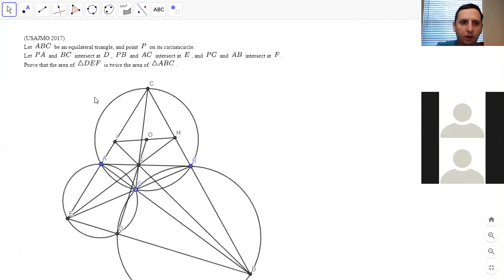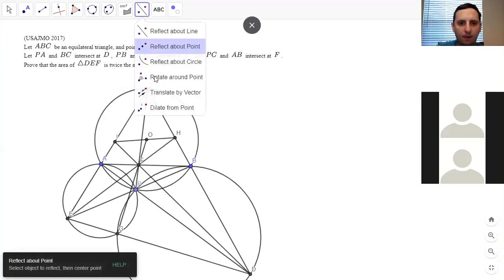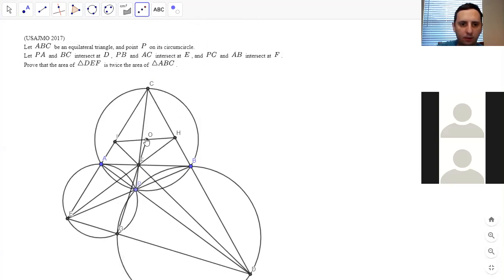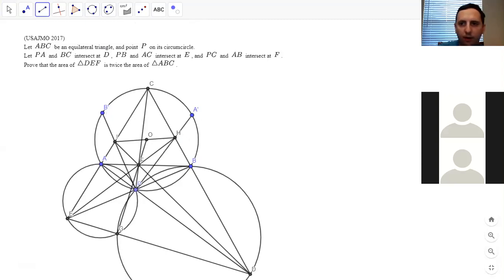Like if we draw the antipodes of B and A, then we want to show B, I, and P are collinear, and we want to show A prime, H. So yeah, it feels a little bit like Pascal's theorem that I, O, and H are collinear.